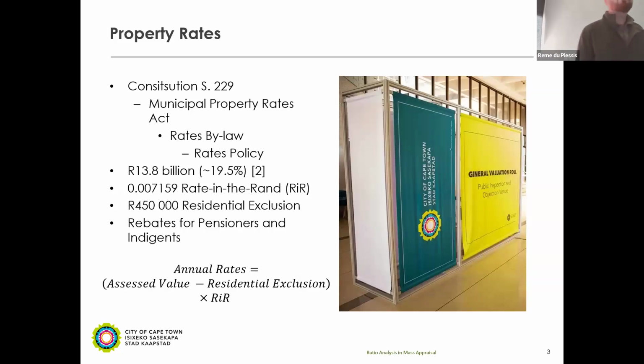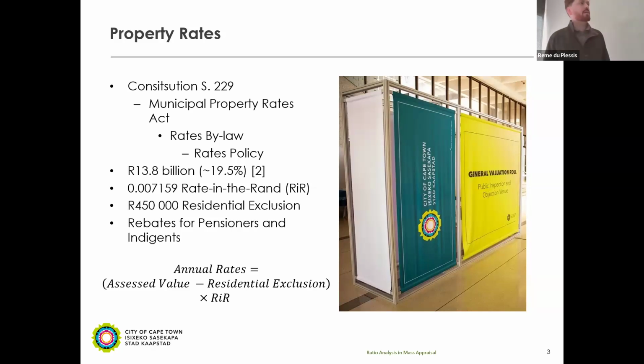We can't just come and charge you a tax because we feel like it. It needs to be grounded in something. The Constitution gives us the power to levy property rates, to fund municipal services. This is then empowered by the Municipal Property Rates Act that gives us the detail of what we are supposed to do and how we are supposed to do it.